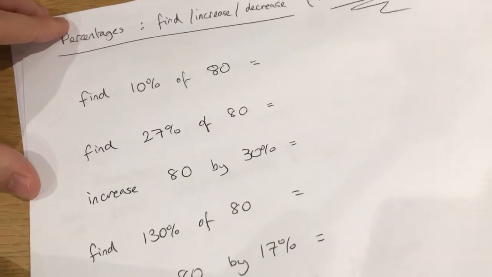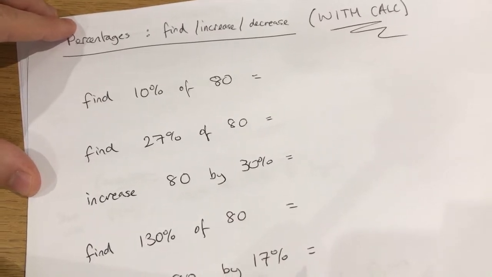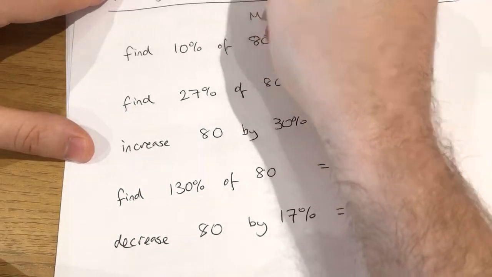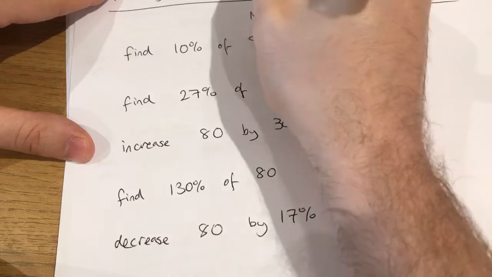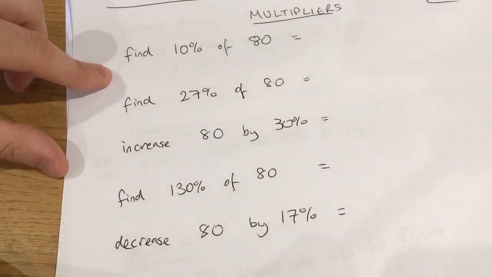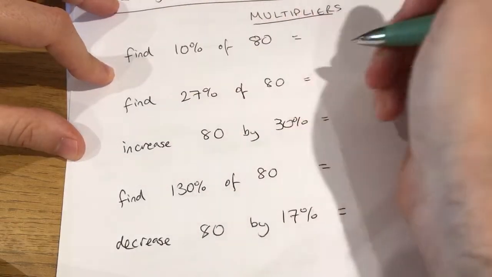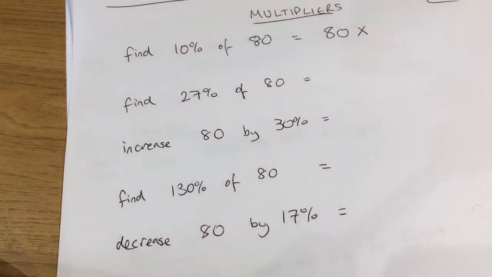Right. Percentages, find, increase, decrease with a calculator. Now this is going to be working with something we call multipliers. So, find 10% of 80. We have been dividing by 10, but we're actually going to try and multiply by something. What's the same as dividing by 10?